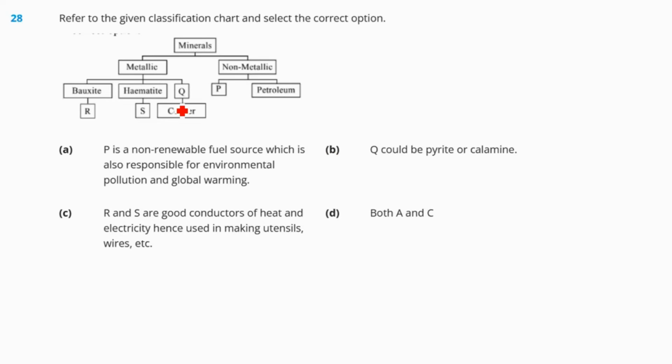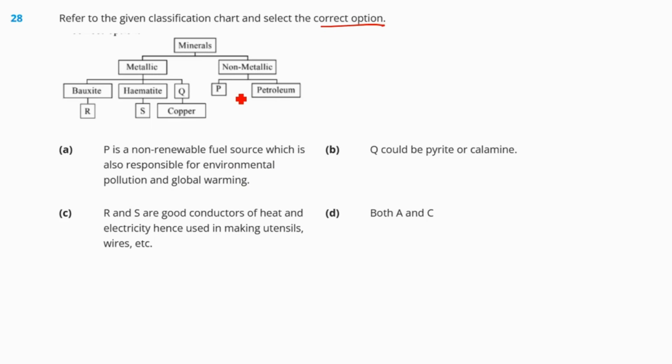Question number 28. Refer to the given classification chart and select the correct option. Minerals, metallic, non-metallic, and in metallic we have bauxite, hematite and Q is copper. In non-metallic we have P and petroleum. We have to find out the correct option. Option A: P is a non-renewable fuel source which is also responsible for environmental pollution and global warming.